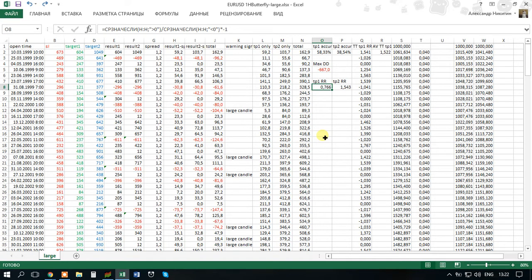So only trade the second target. And the third thing, the most profitable money management strategy with butterfly formation is the percentages. Just use percentages. With the same drawdown, you will generate more money.